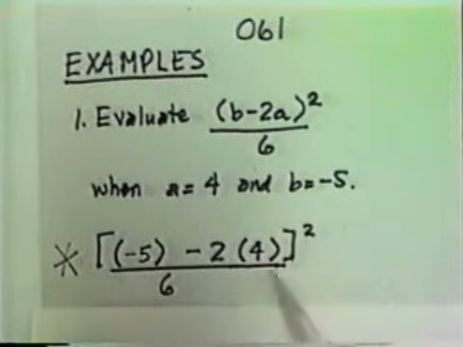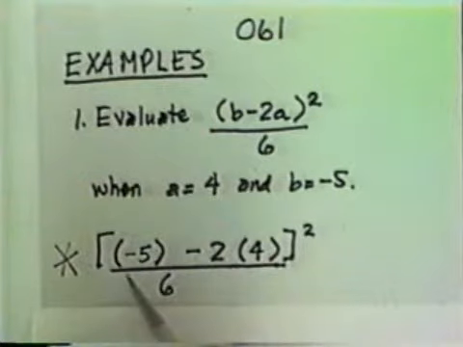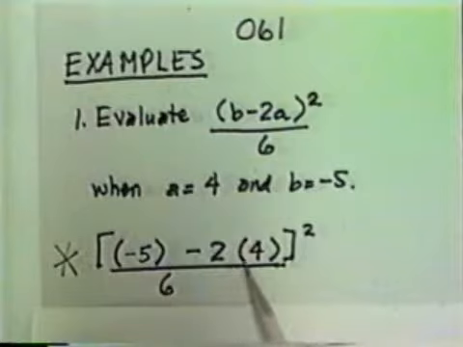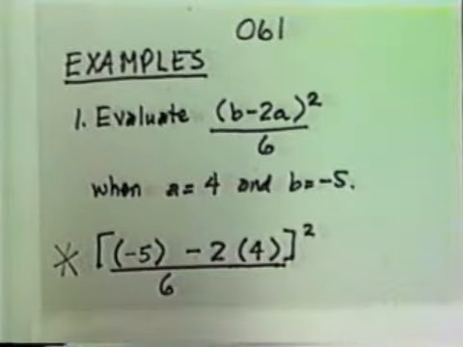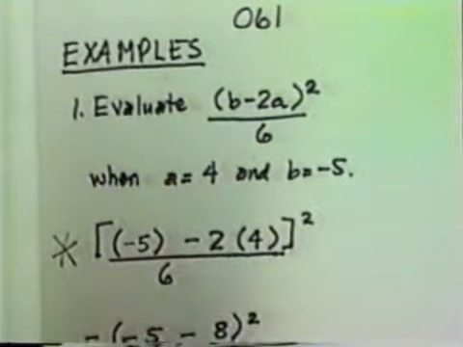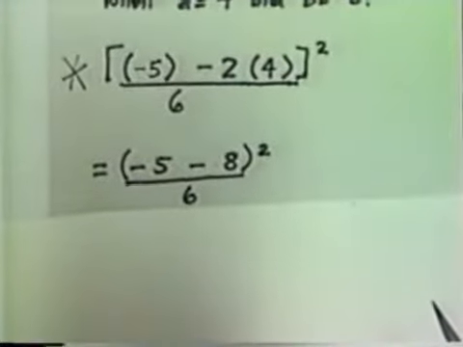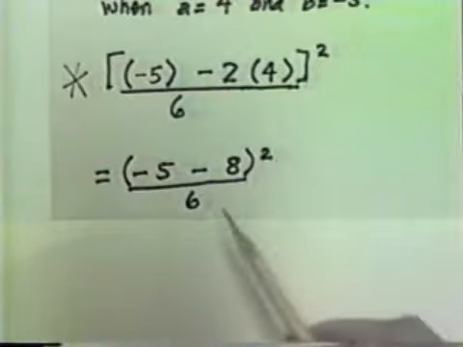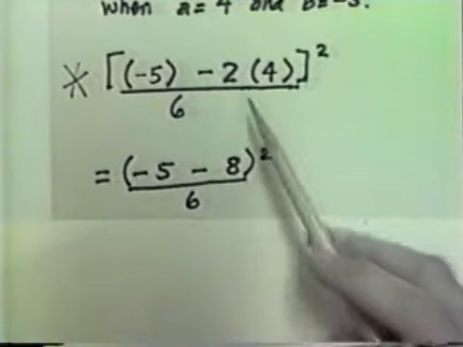We work inside parentheses. Inside the parentheses we have subtract and multiply. The multiplication is done first, and so we write -5 subtract 8 quantity squared divided by 6. We've done the multiplication.